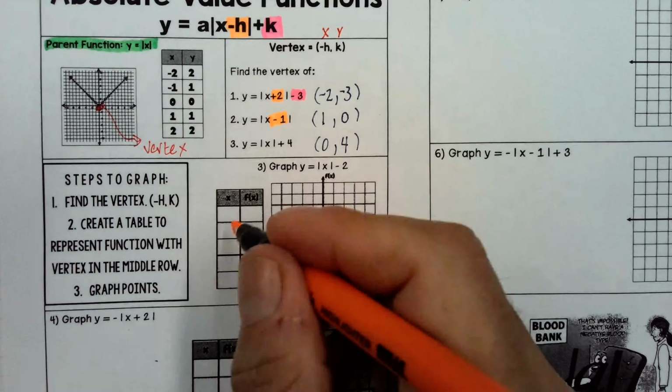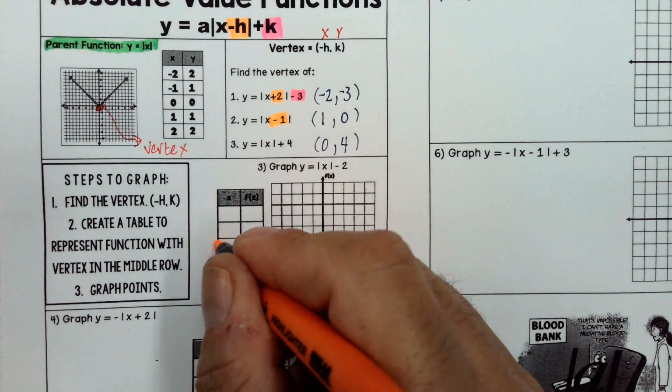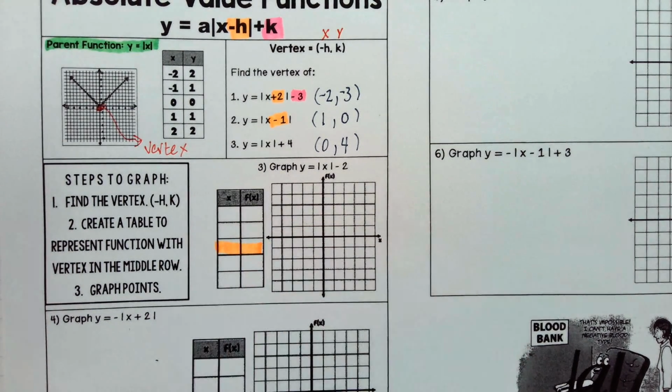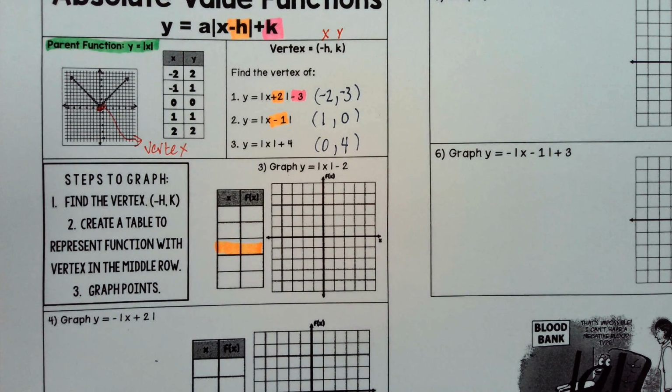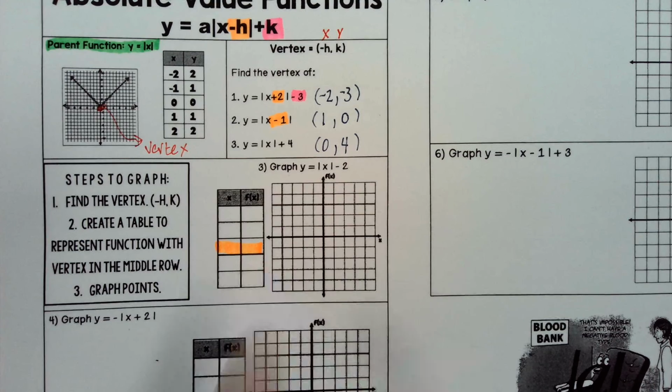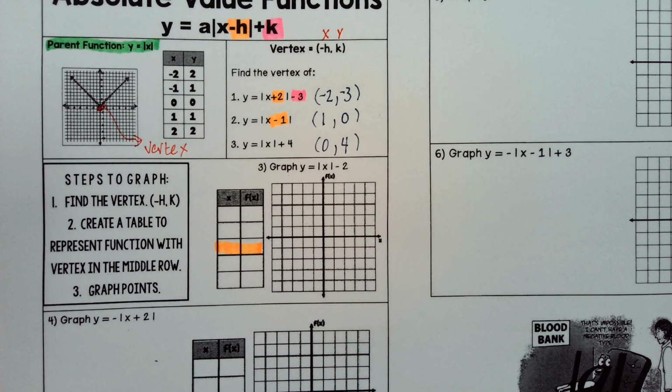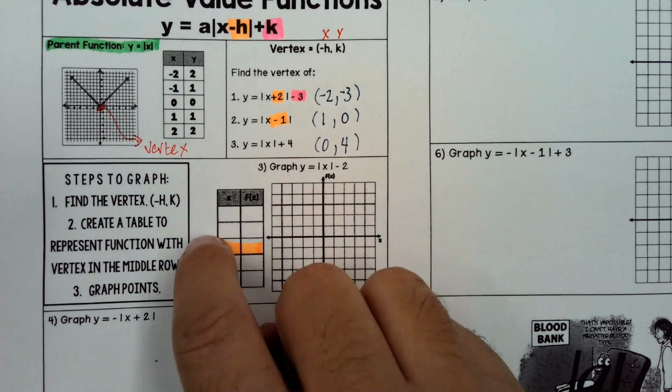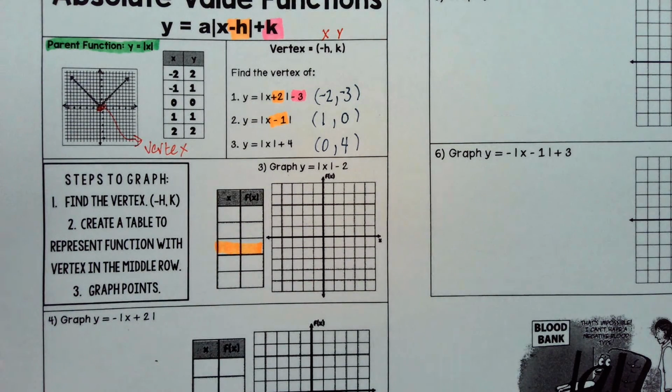So here's what I'm going to do. 1, 2, highlight this one. Highlight that. The third row, highlight it, please, if you have a highlighter. Or somehow identify that. You could put a little star there if you want. That's going to be important.